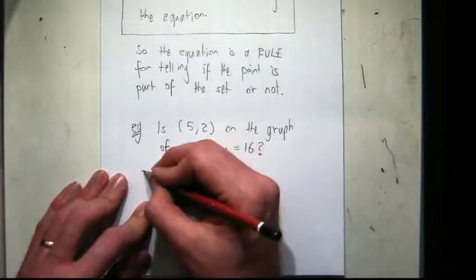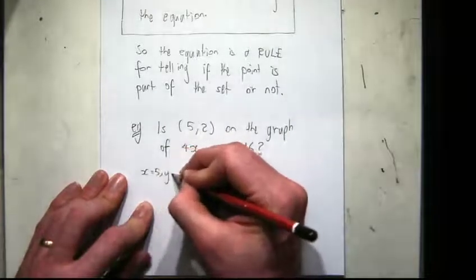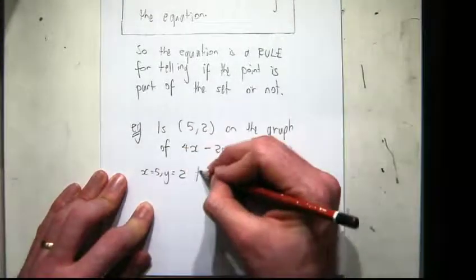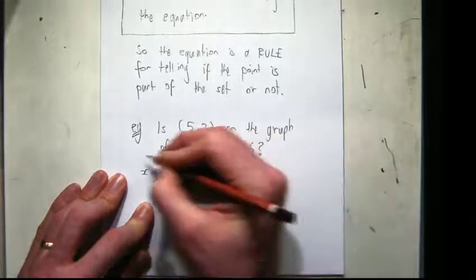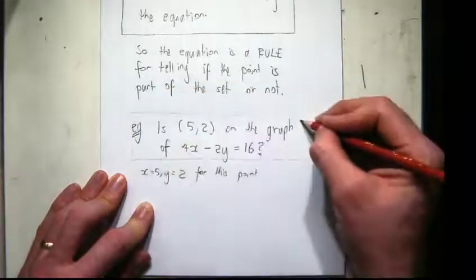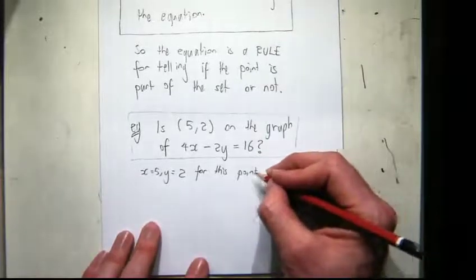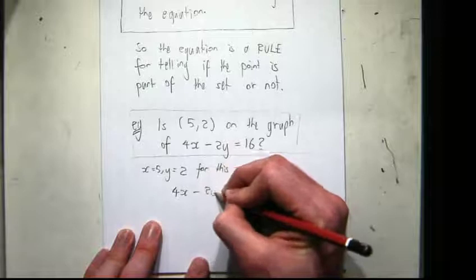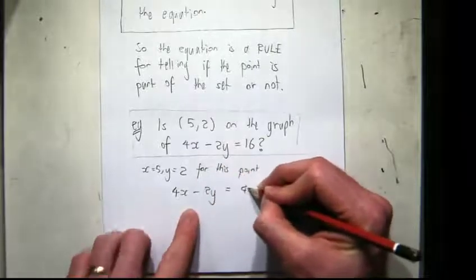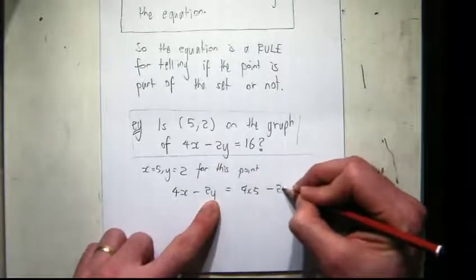So let's see, x equals 5 and y equals 2 for that point. So we have 4x, which will be 4 times 5 minus 2 times 2.